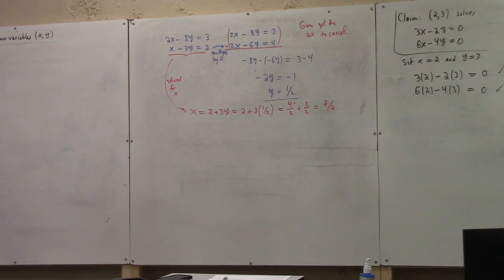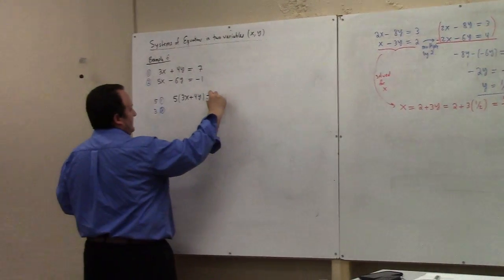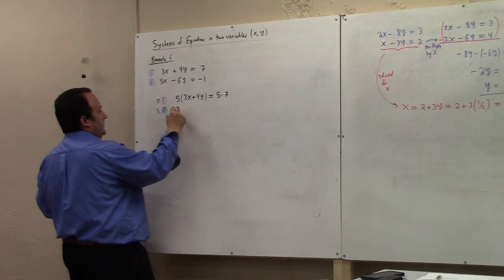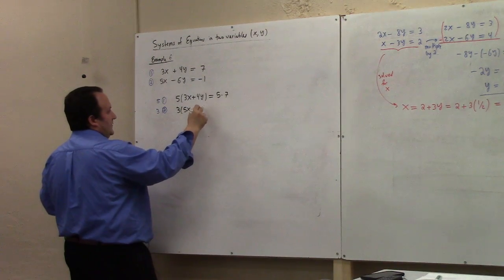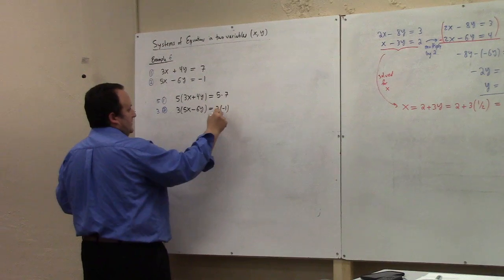So if I do 5 times 1, and 3 times 2, that will give me 15x plus, let me write out the steps, otherwise I'm going to lose you guys. All right, so 5 times 3x plus 4y equals 5 times 7, and 3 times 5x minus 6y is equal to 3 times minus 1.